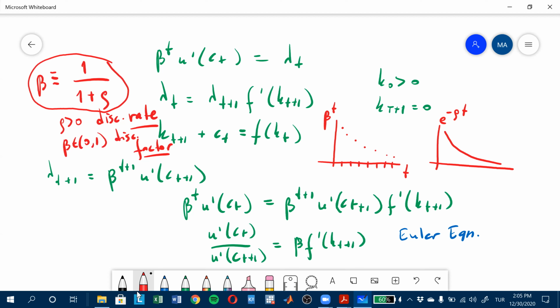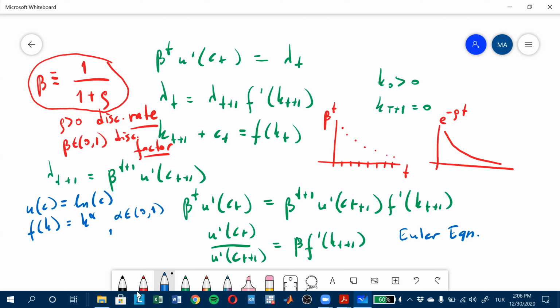All right. So if, for instance, you think about this in terms of log utility and a Cobb-Douglas production function, that was the case that we solved for, the continuous time problem. Then what do you have?